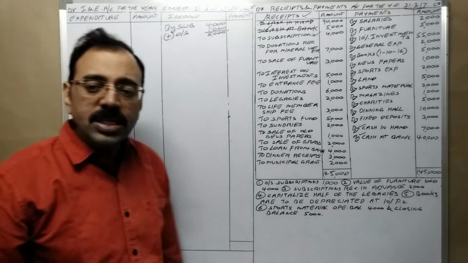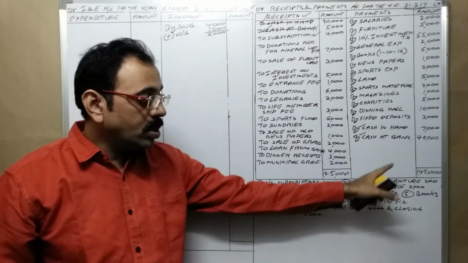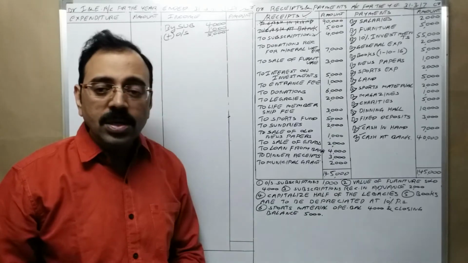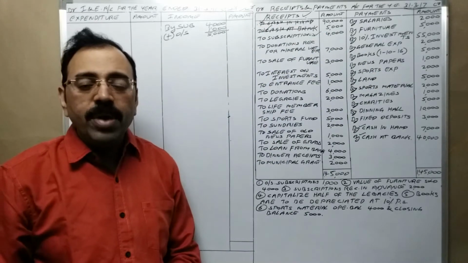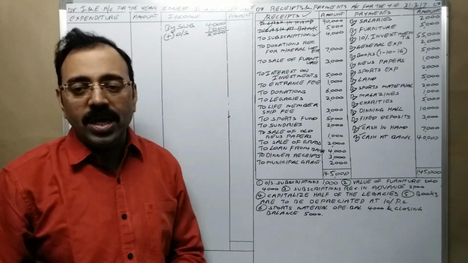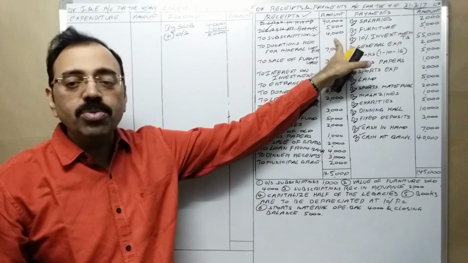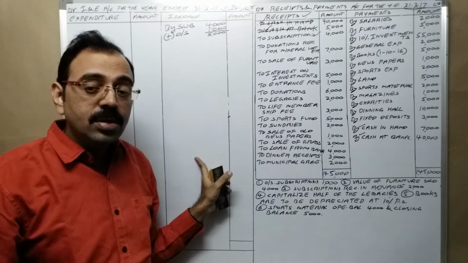One more adjustment is given. Third point, subscriptions received in advance 2,000 rupees. What is the meaning of this? That income in next year we should receive, but we got that in current year only. Even that income also included in this 4,000 rupees. We want to know current year surplus or deficit.